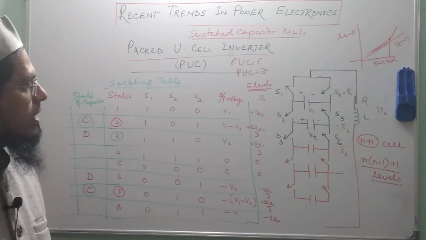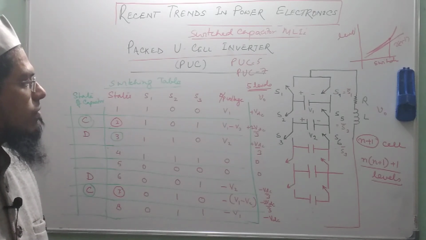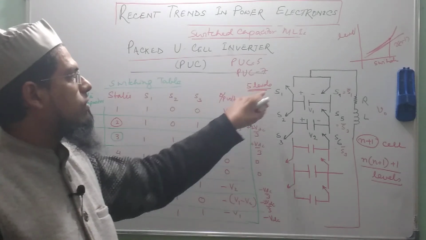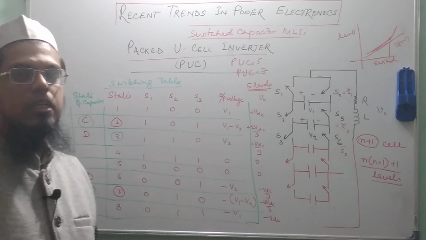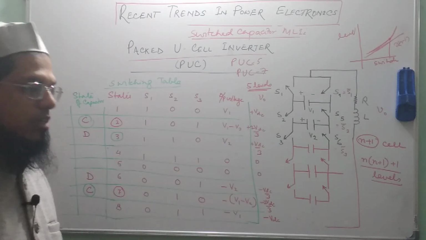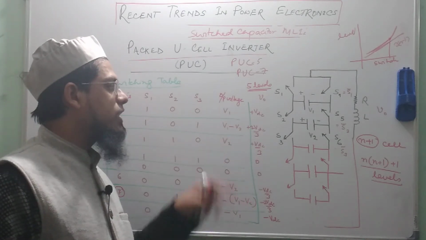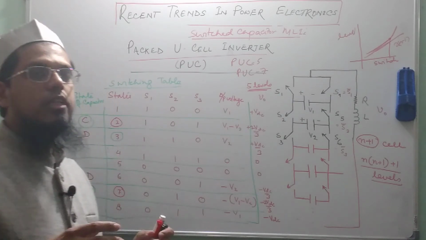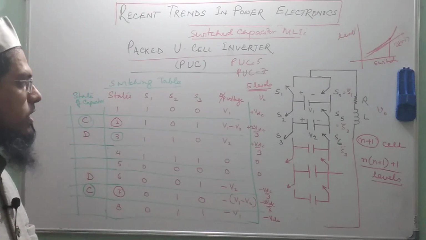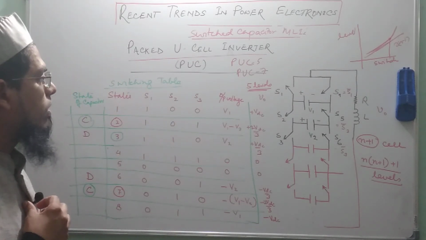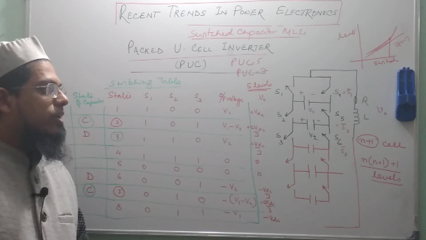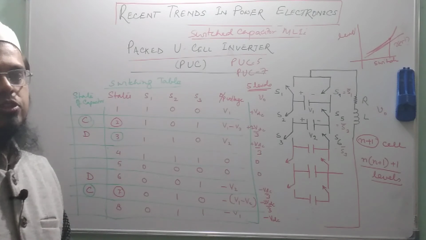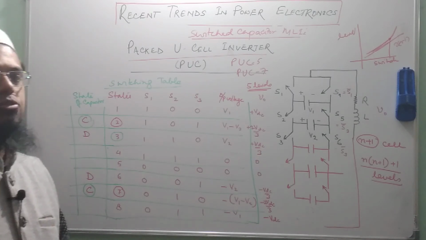Similarly, we have seen that for 5 level, there is a self balancing capability, a voltage balancing capability in the circuit, just by judiciously selecting the switching state. I think you have understood the operation of a packed U cell inverter.